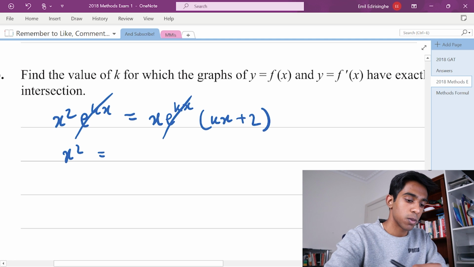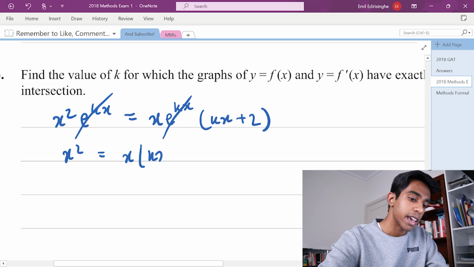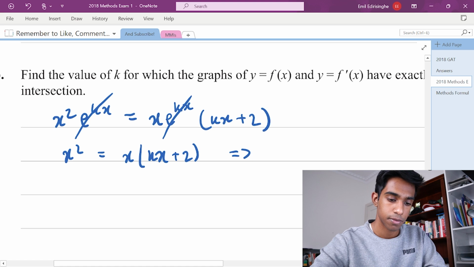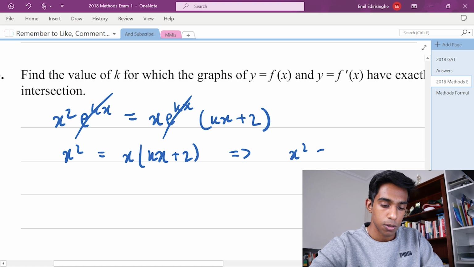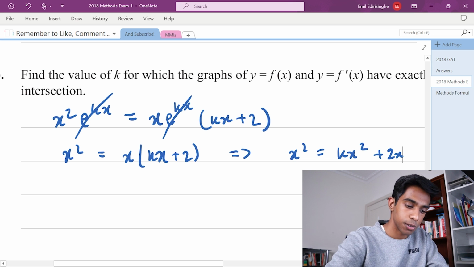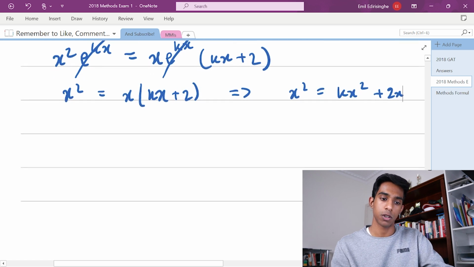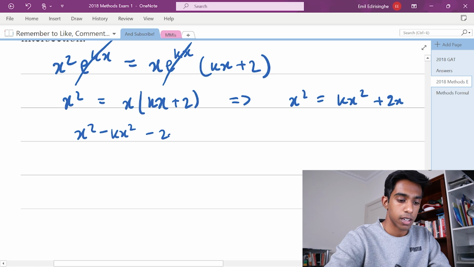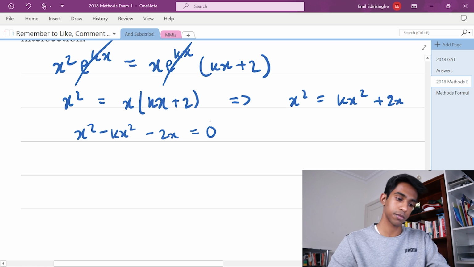So I got x squared equals x times (kx plus 2). This will give us x squared equals kx squared plus 2x. This will give us the equation x squared minus kx squared minus 2x equals 0.